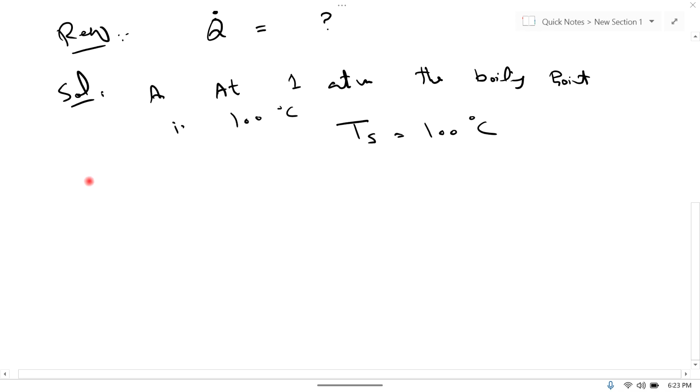So the formula for Q dot: we know that the rate of evaporation of water is equal to Q dot, the rate of heat transfer, divided by hfg. I already explained this hfg and this formula in the previous problem.